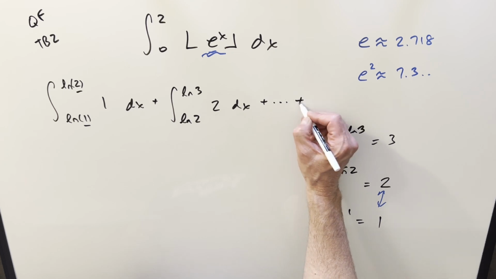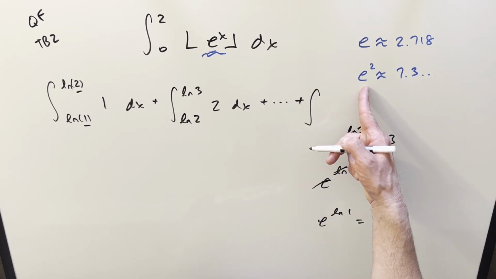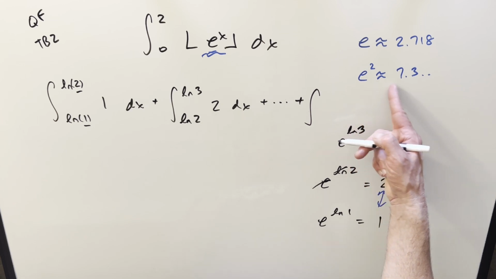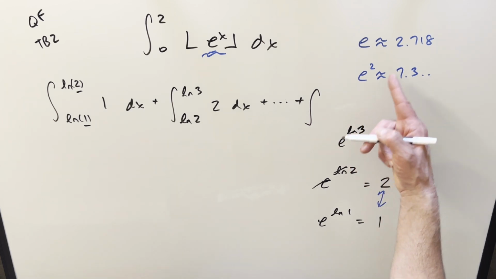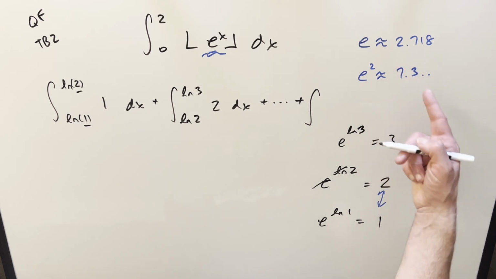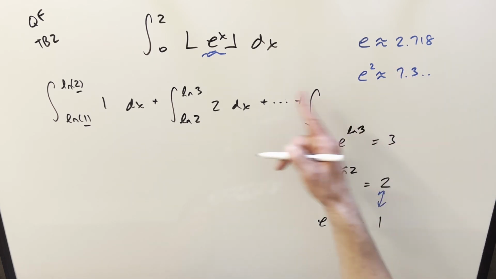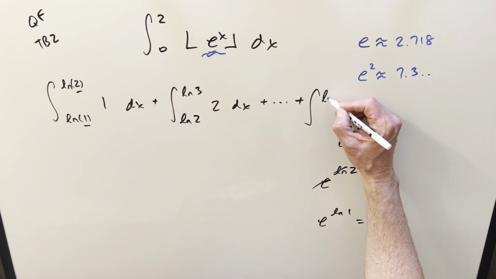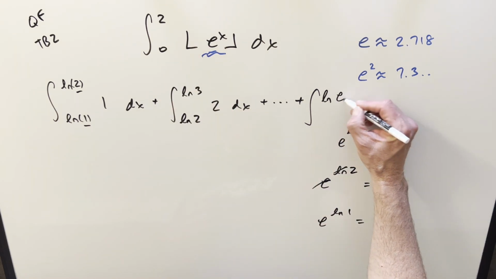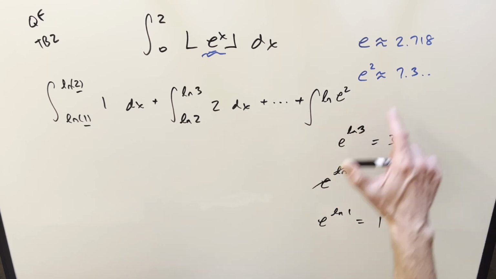Let me do the last one because that one's a little strange. What I wanted to do is capture this value. e squared is something like 7.3-ish. You can tell e is less than 3, so e squared is definitely less than 9, but it's actually less than 8 as well. So the way I can write 2 is as ln e squared, which is something like natural log of 7.3.